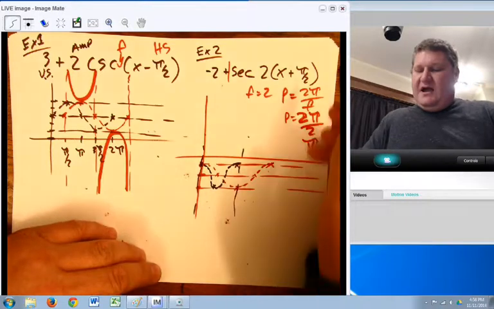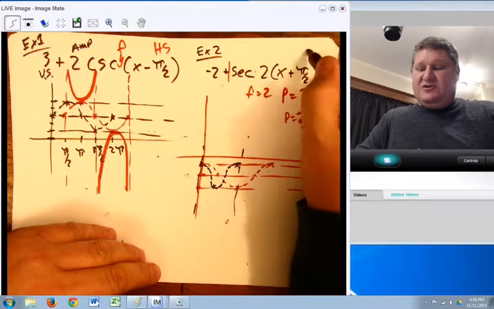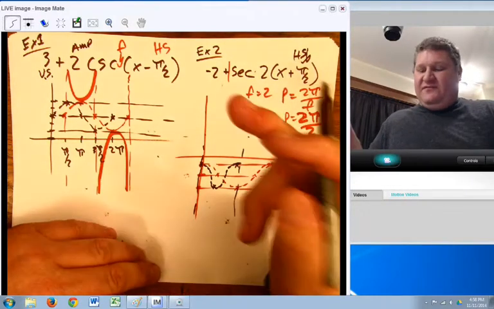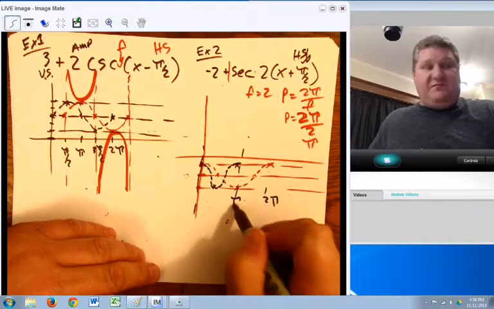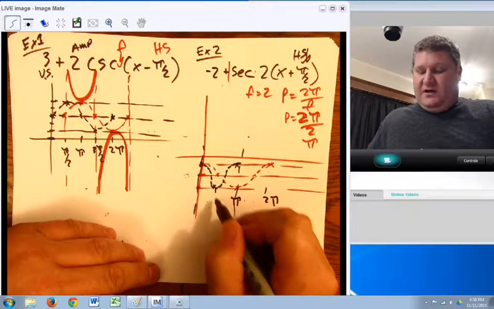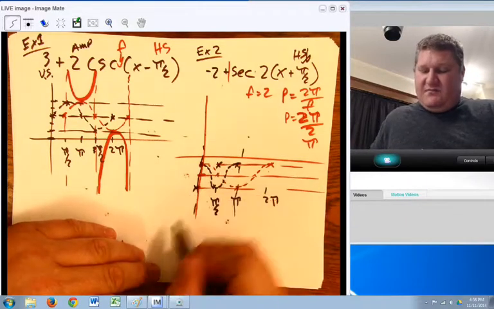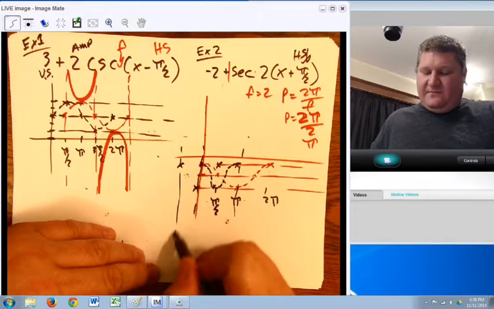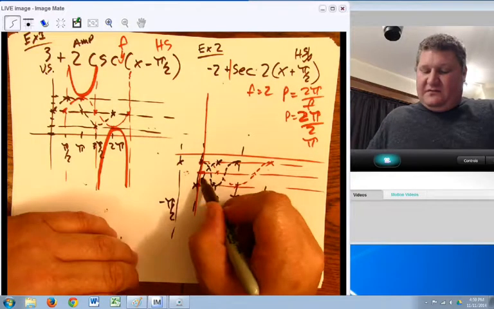But now that we have the period taken care of, we also need to adjust for the horizontal shift. Horizontal shift of left pi over 2. So if this was 2 pi, this was pi, this was pi over 2, now it's going to end here, hit middle here, hit top over here at negative pi over 2. So we have this.